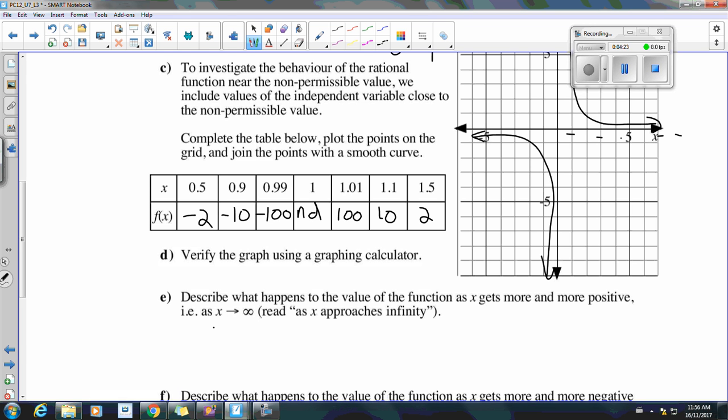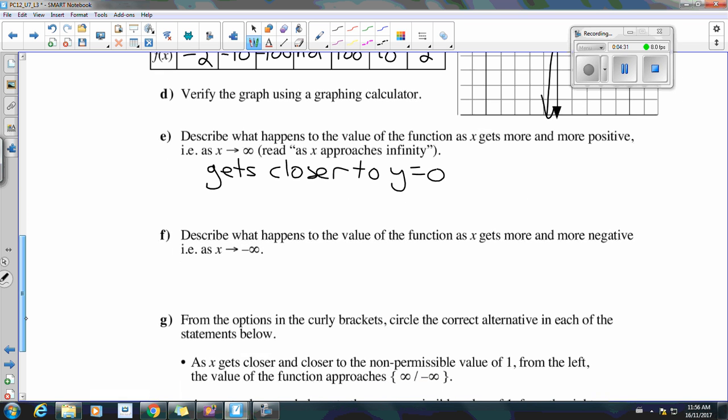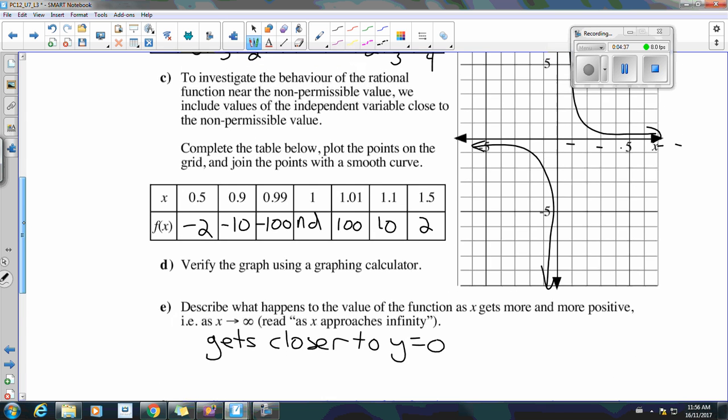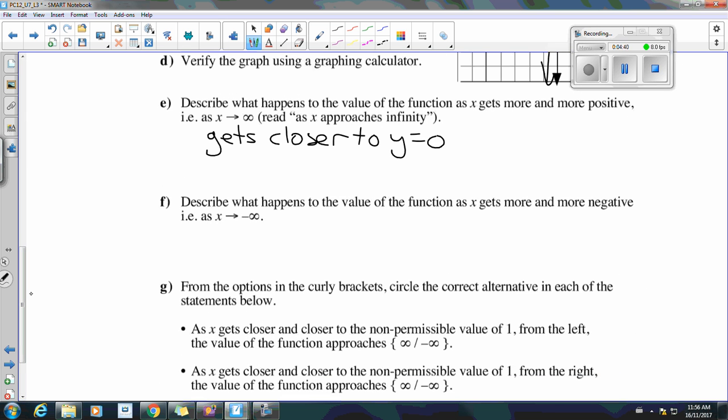That means it gets closer to y equals 0. Describe what happens to the value of the function as x gets more and more negative. Now if we look at going past negative 5 and continue, it also looks like it gets closer to 0.